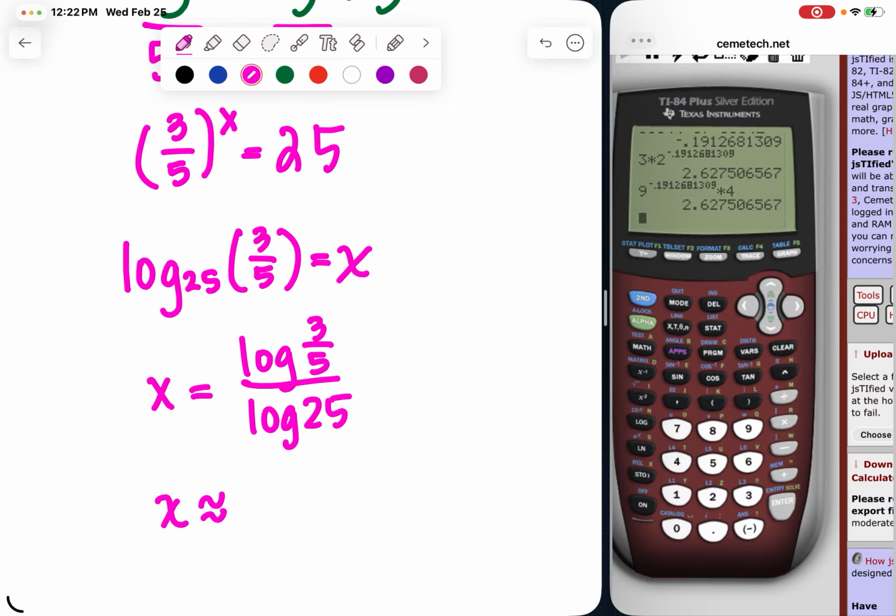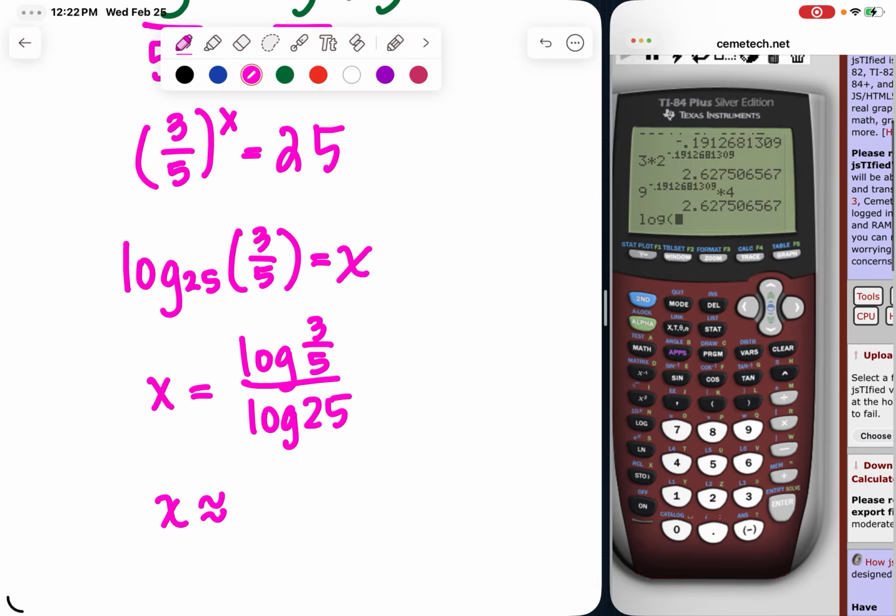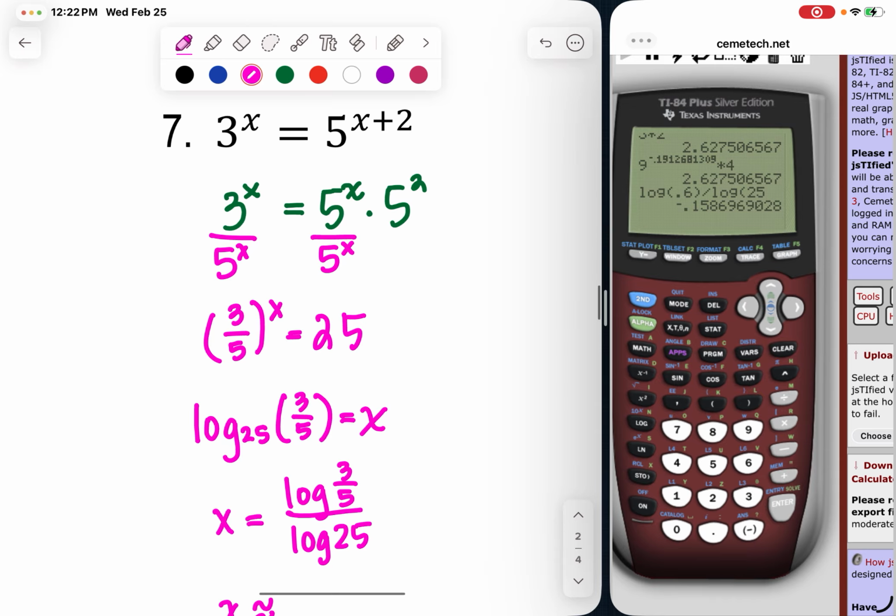So common log of 3/5, which is 0.6, divided by common log of 25, and we get negative 0.158. Did I do something wrong? 3/5 divided by 25, log base 3/5.